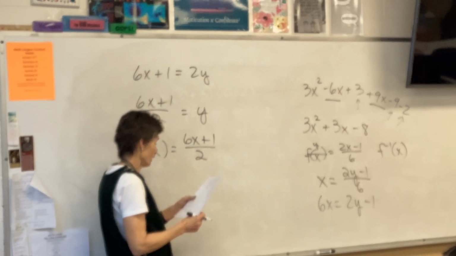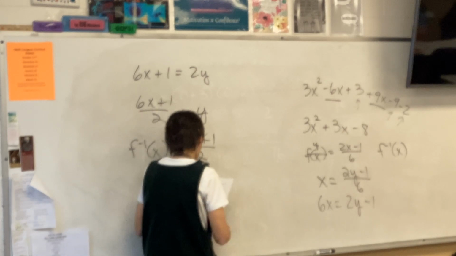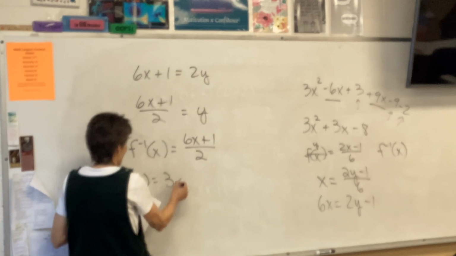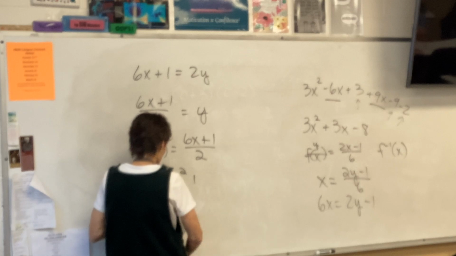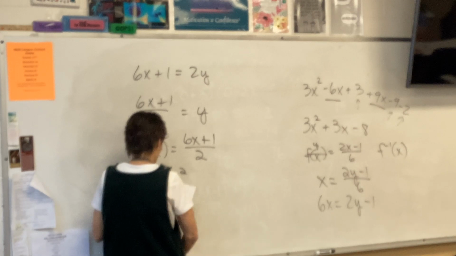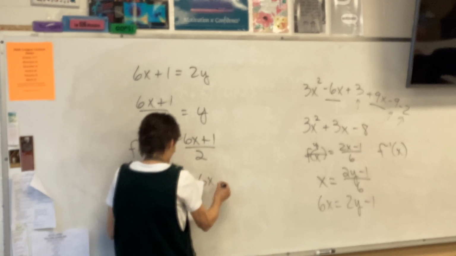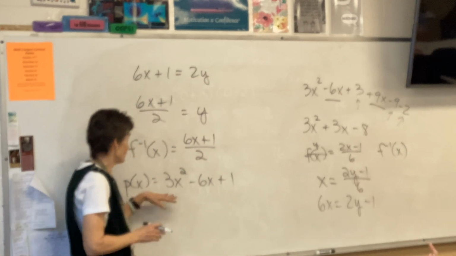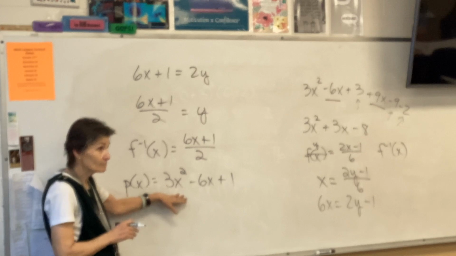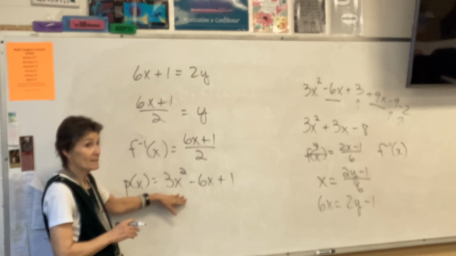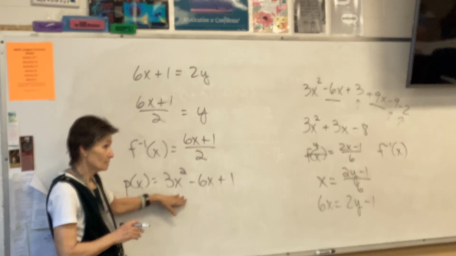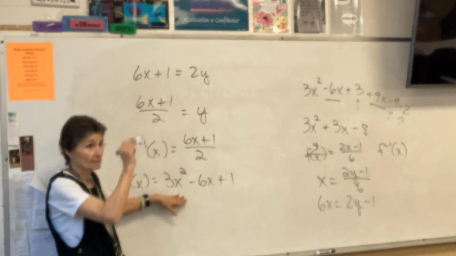Next, find the vertex of this thing. Now, there are lots of things that should be going through your mind right now about this problem, not about other things. This is a quadratic, which means its shape is a parabola.